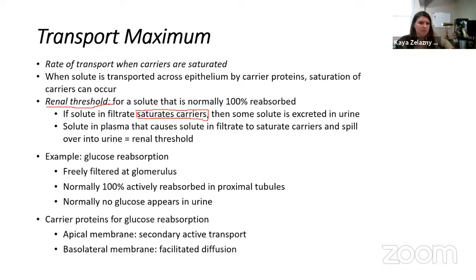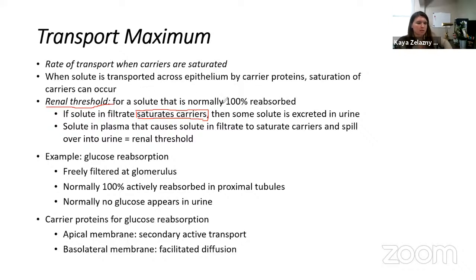Now, usually we want it to be 100% reabsorbed in the proximal tubule. So we want to take back all our glucose to use it for energy, which means we wouldn't see any glucose in the urine. But if we hit the renal threshold for glucose, then we're going to start to have spillover.